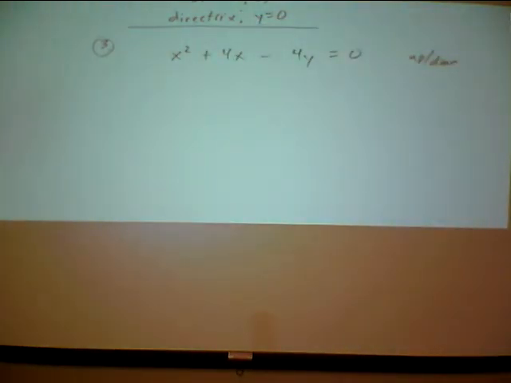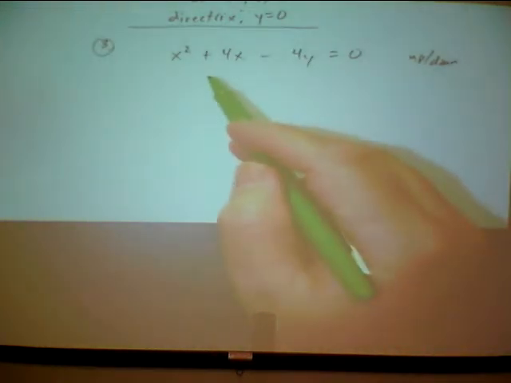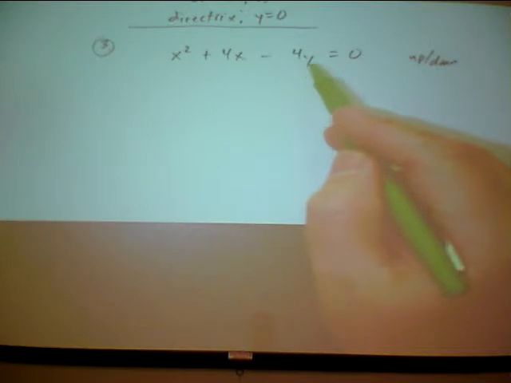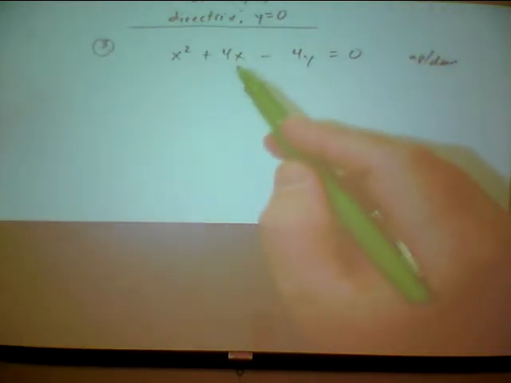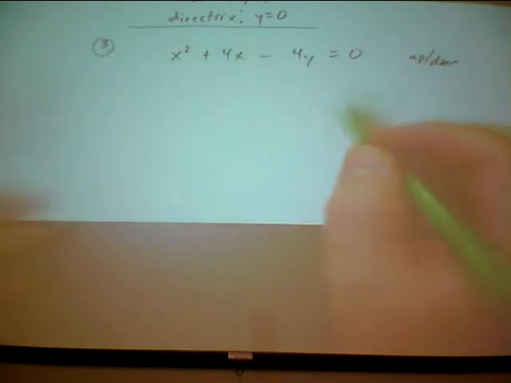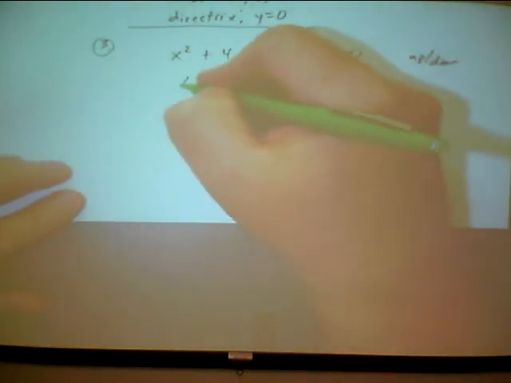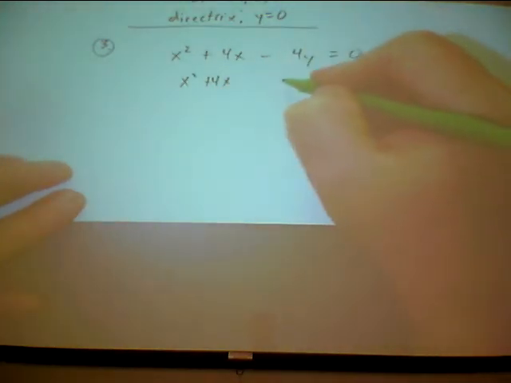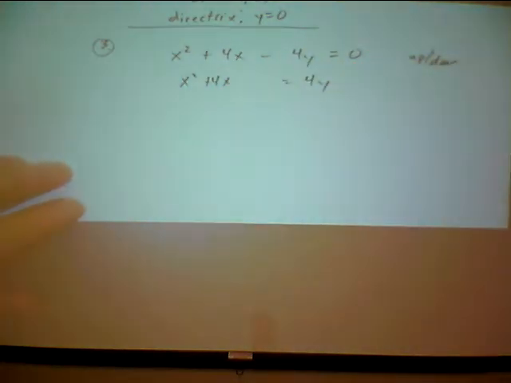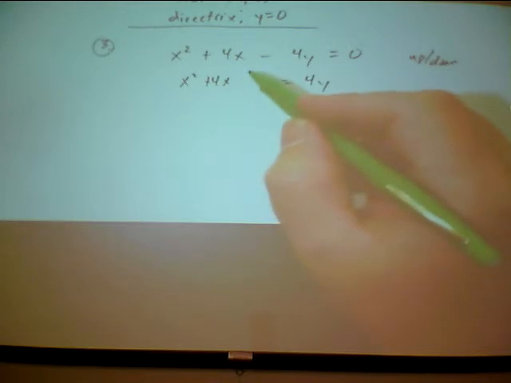In this case, I'm going to leave the x's on the left-hand side, move the y terms to the right-hand side, and now I'm going to complete the square on the x's. So here we go, x squared plus 4x equals 4y.